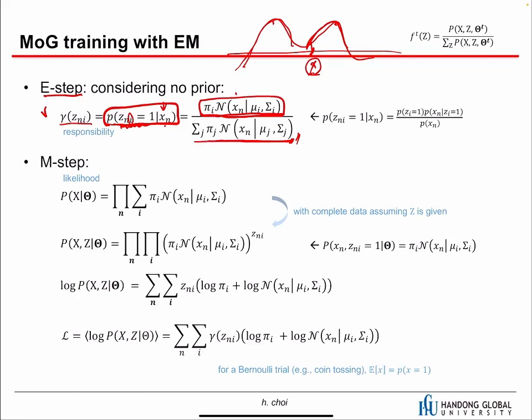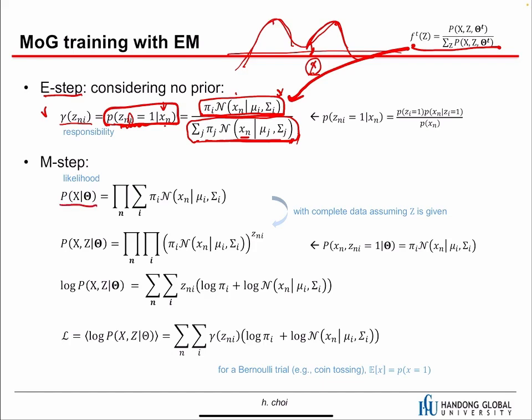So the first component explains this x sub n, and the second component explains x sub n, etc. We sum all these probabilities, and this means how much this component explains x sub n. So this one is actually corresponding to this one. That is the E step.